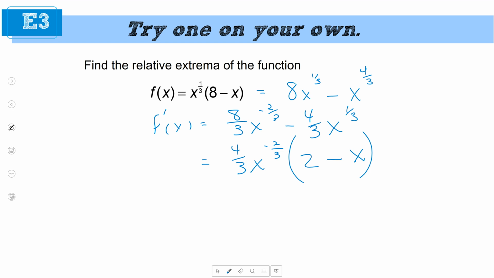Now I set it equal to 0. Critical numbers. X equals. Where are my critical numbers? Zero and 2. Does everybody understand where the 0 came from?